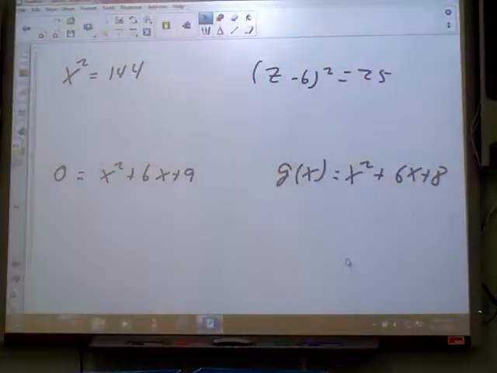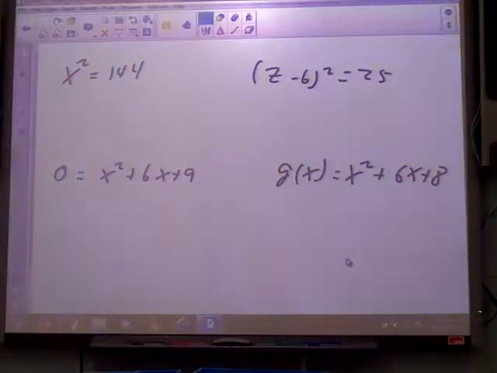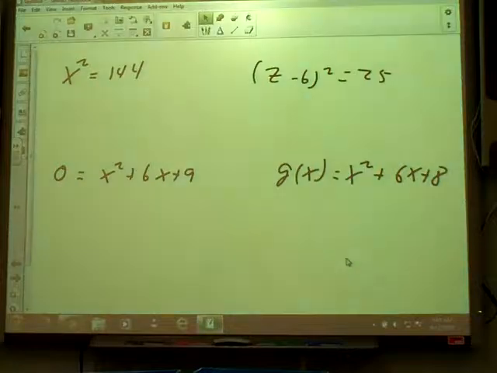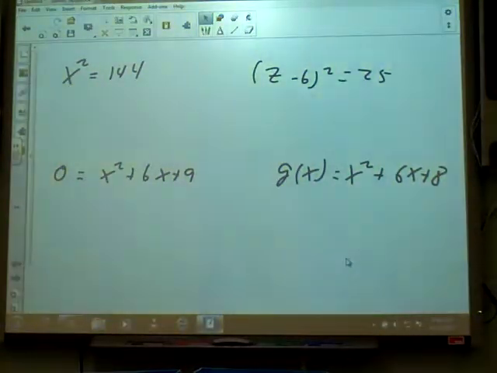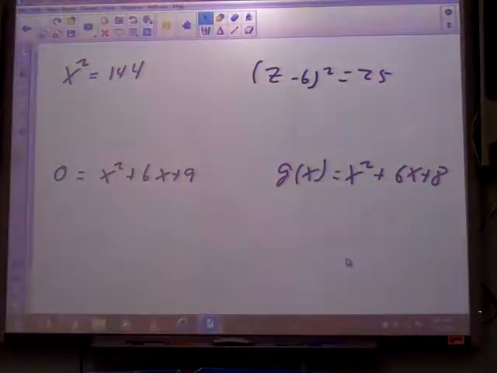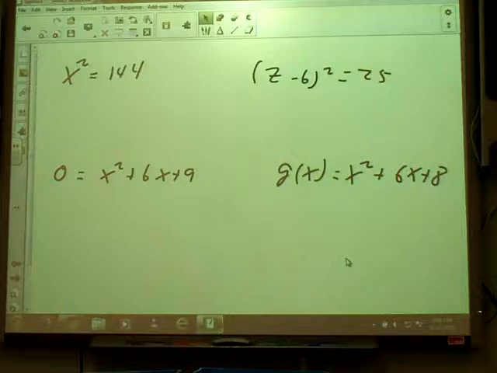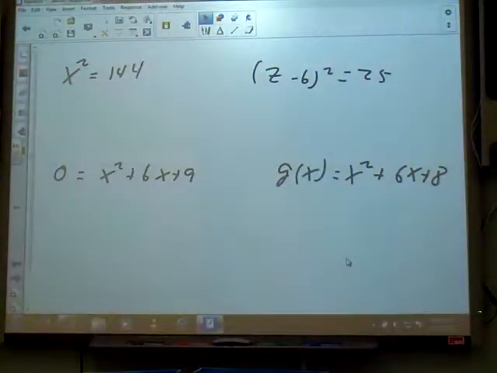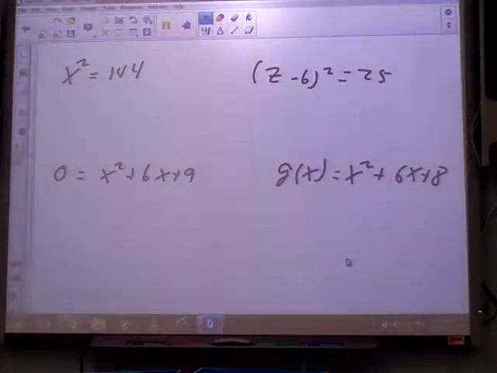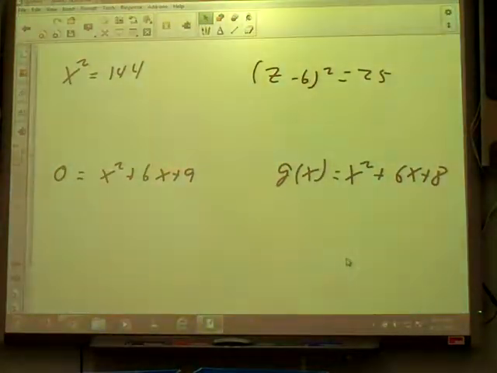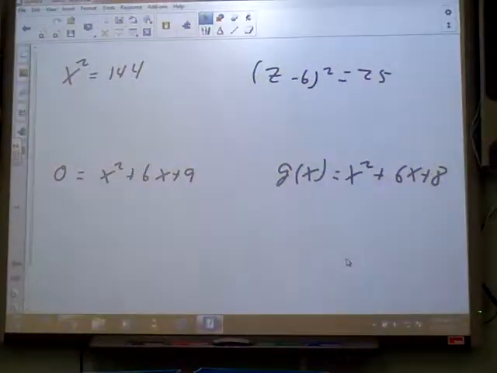Did you get 11? You square root your 25, so you get 5. That's a Z. So z minus 6 is positive 5, and then you also do negative 5. So it's 5 plus 6 and negative 5 plus 6.